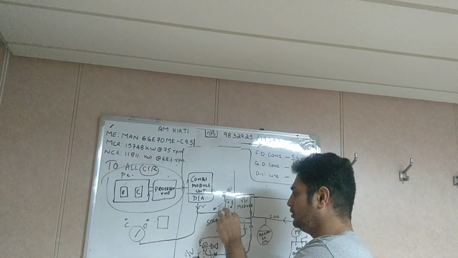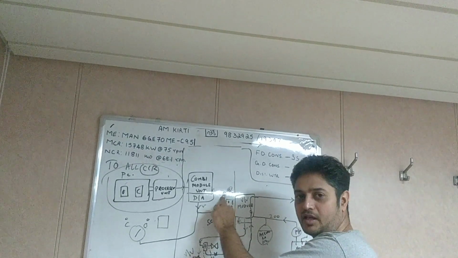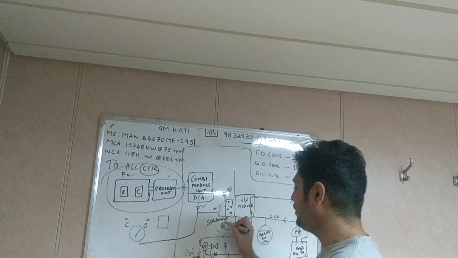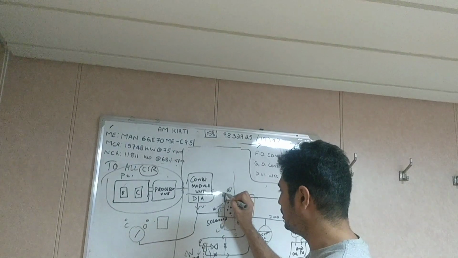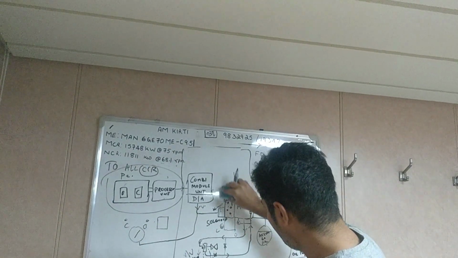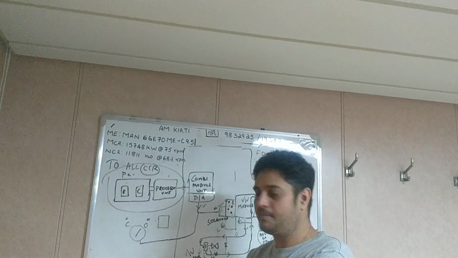But if this is also not happening, your manual push button, I am talking about the manual push button at the proportional valve. I hope you have got a rough idea.